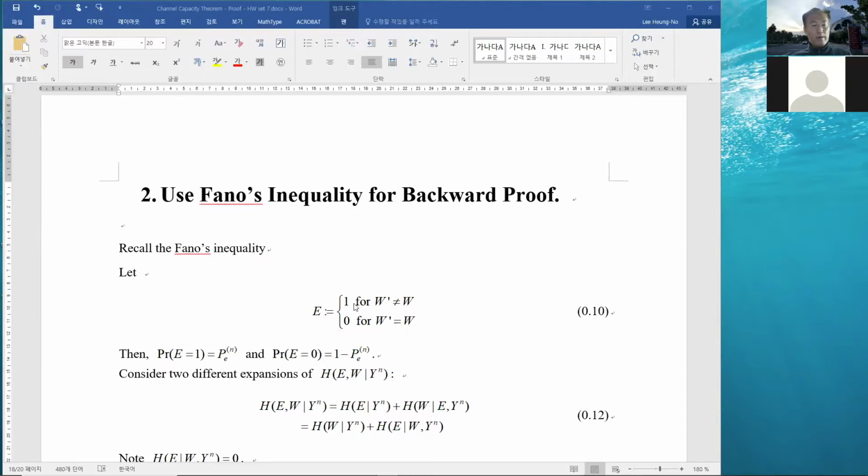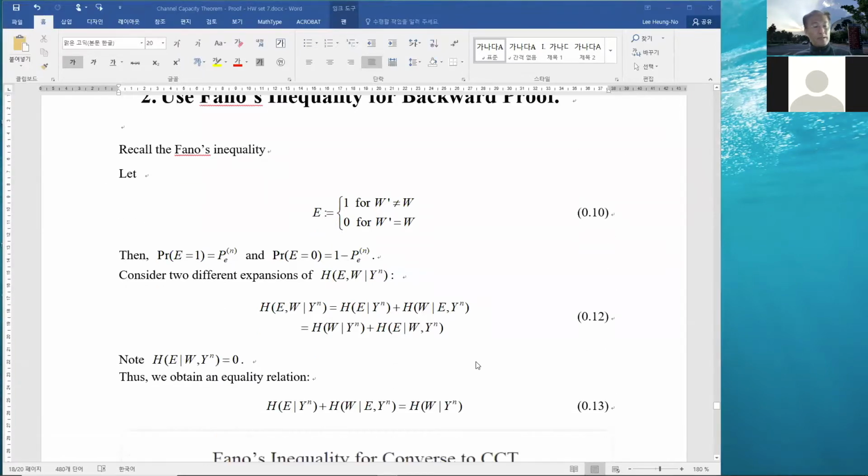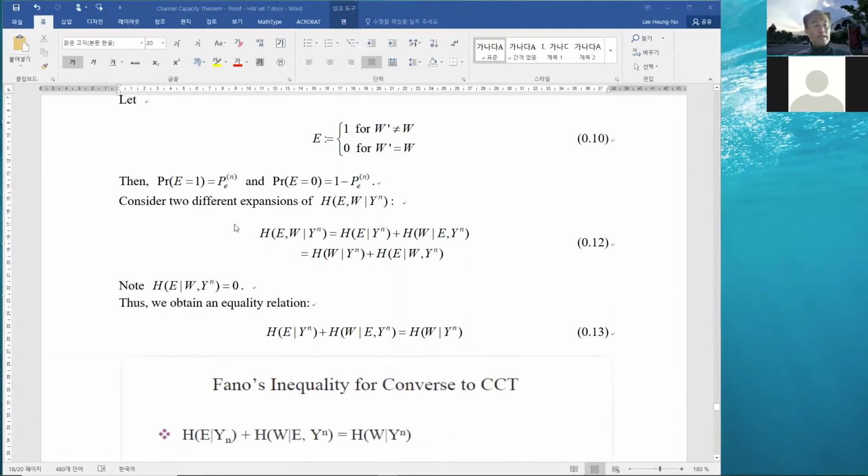So no error, error. The probability of error is, by definition, PE. And then E equal to 0 means no error, so its probability is 1 minus PE. So we can consider two different expansions of the entropy of E, W given Yn.